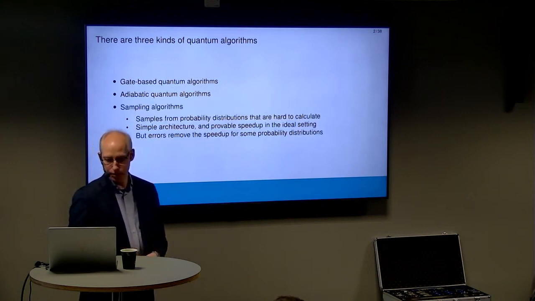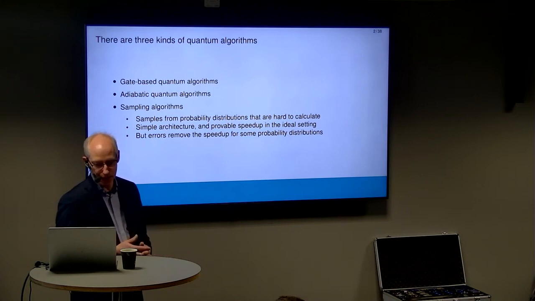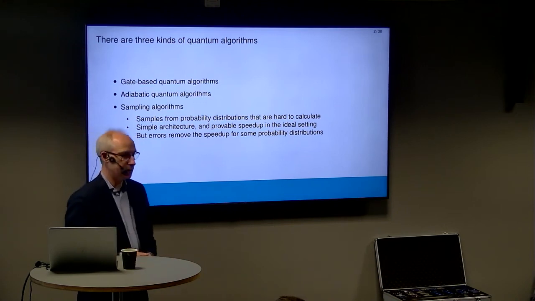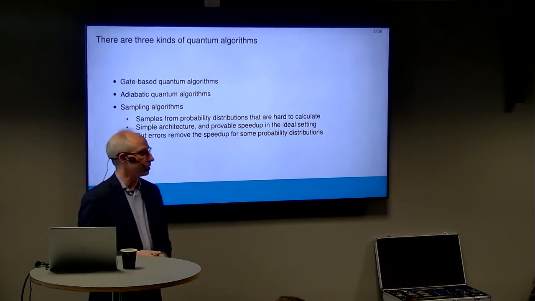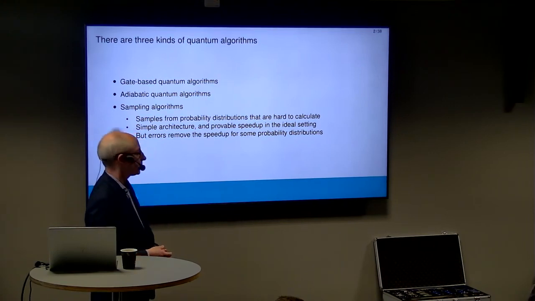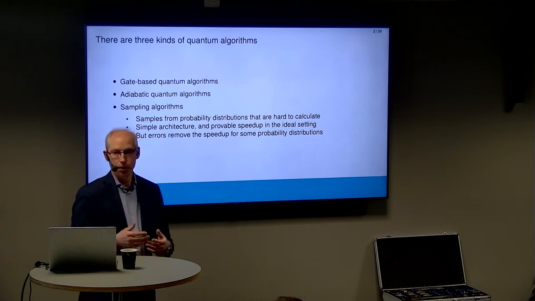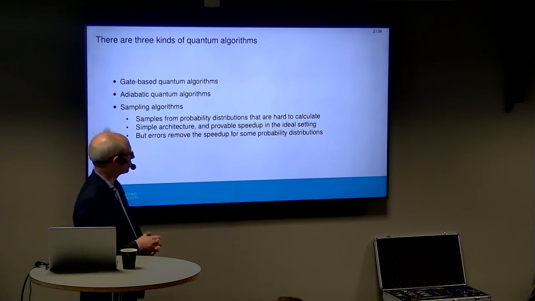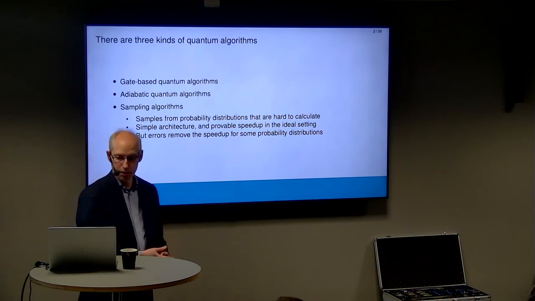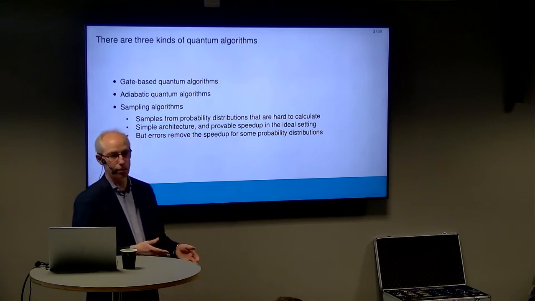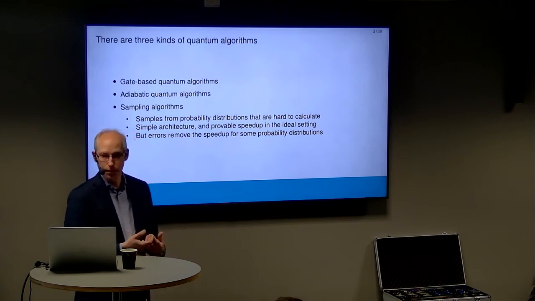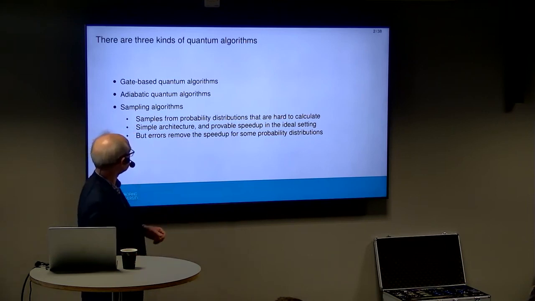The last kind is called sampling. You sample from a probability distribution that is somehow hard to calculate. It might seem a strange task, but the reason people are looking at this is that it's easy to prove that you have a speed up over a classical machine. That's really hard in the first two kinds. Part of my research is actually how to really show that you have an actual speed up. That's simple here.